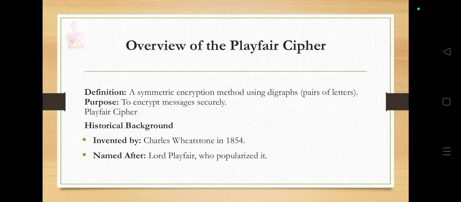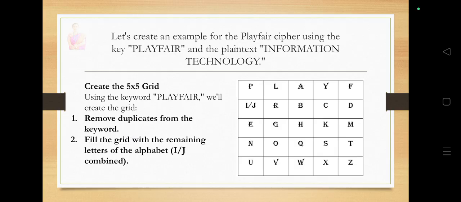Now let's see one example sum for this. Let's take the key as Playfair and the plain text as information technology. First you have to create a 5 by 5 matrix, and by default it will be a 5 by 5 matrix.